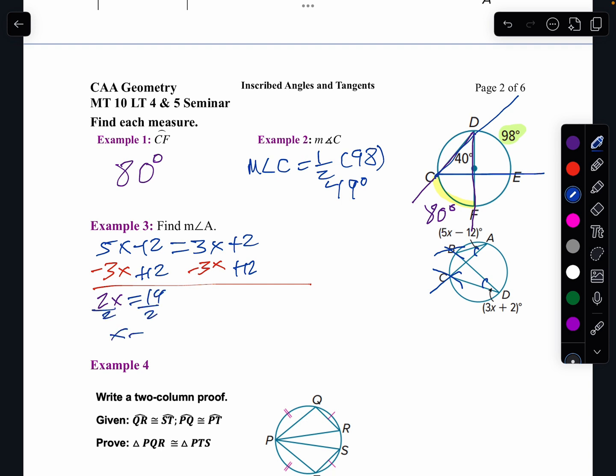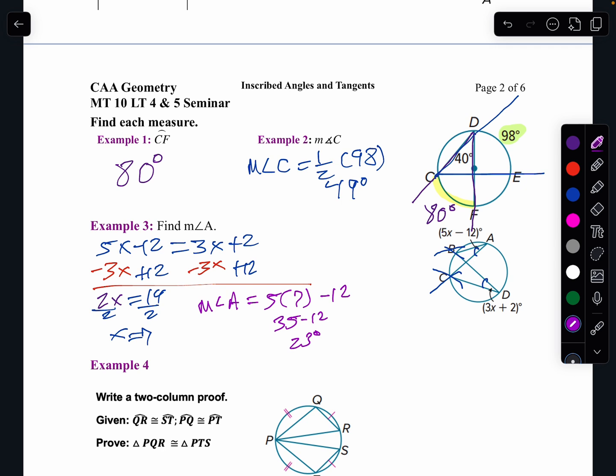X equals 7. Then I want to find the measure of angle A. A is 5x minus 12, so 5 times 7 minus 12, which is 35 minus 12, which is 23 degrees.